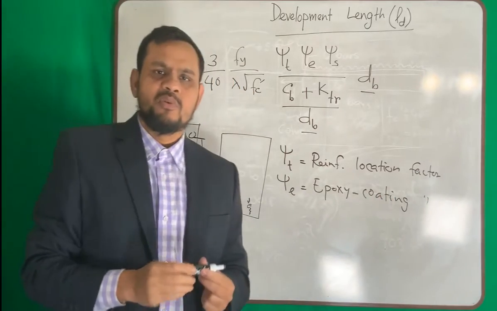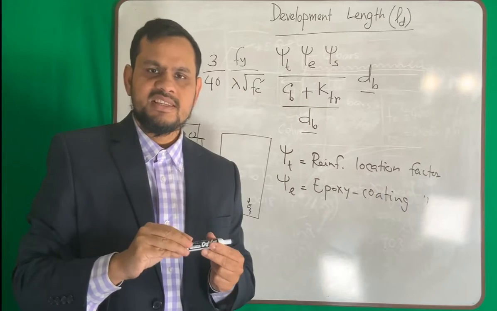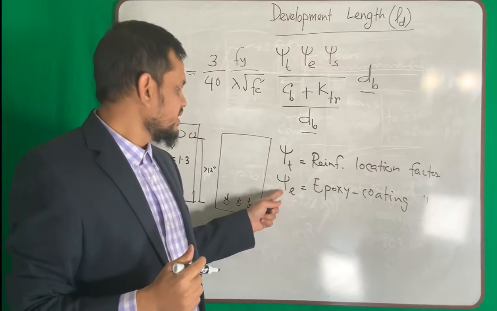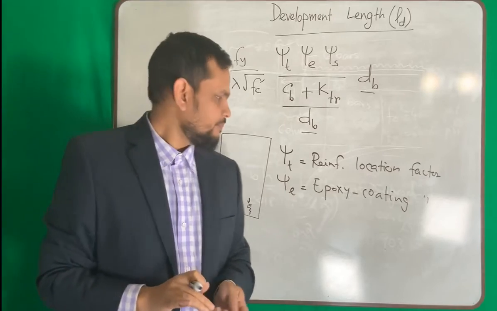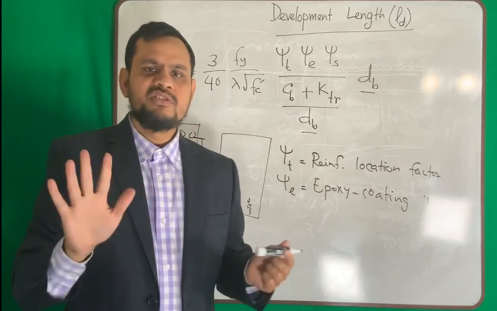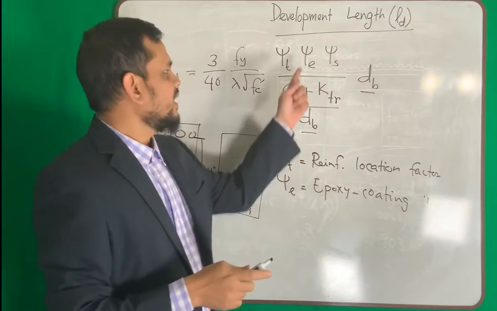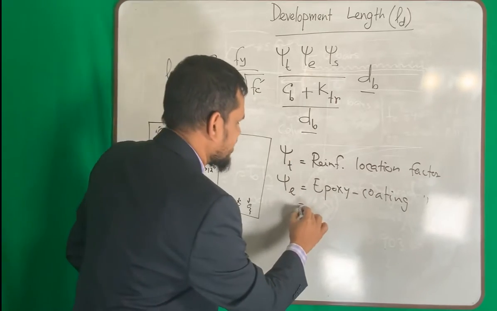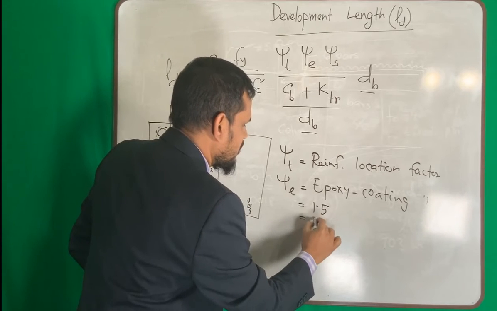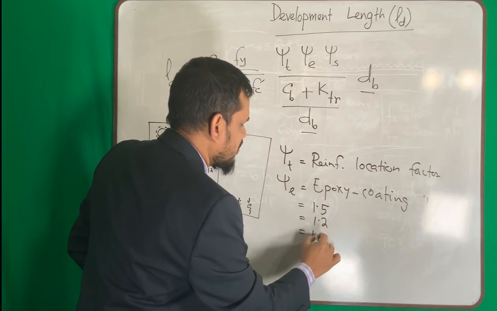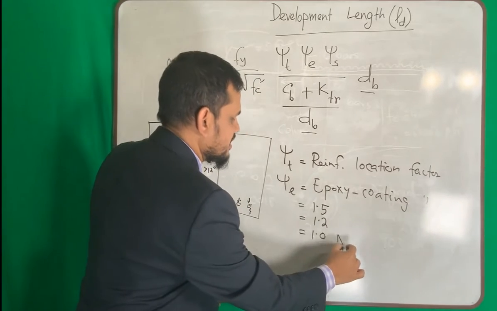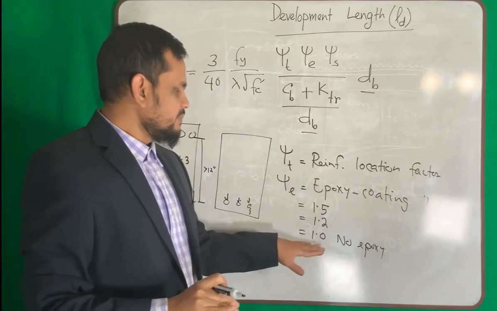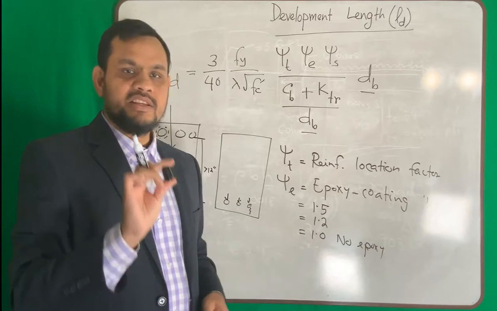So if I use epoxy on my bar to resist corrosion, then we need to consider this epoxy coating factor. If there is no epoxy, then this factor is 1 or discard it. So this factor will be 1.5 or 1.2 or 1. 1 means no epoxy. If there is no epoxy, then it is 1.